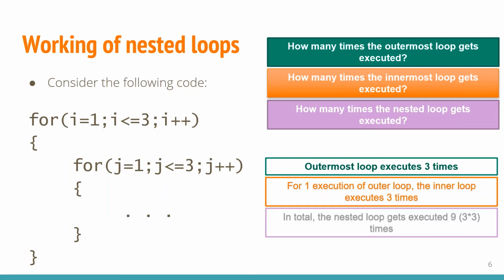Because it is 3 into 3. So in general, if instead of 3 it was m and instead of this 3 it was n, how many times in total does the loop get executed? Yes, it is m into n times. Please remember this fact, it is very important.